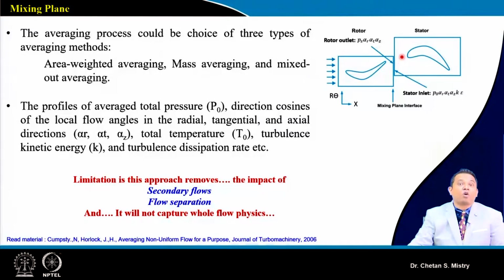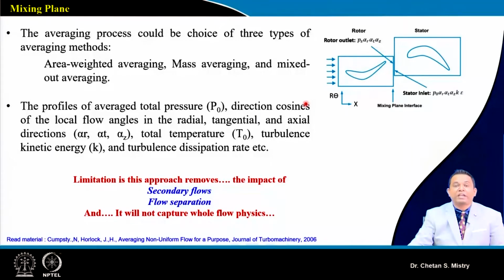There is nothing wrong in analyzing this data. This approach was proposed by Denton in the 1980s, when we did not have the maturity and understanding in terms of computational codes as well as computational facilities.